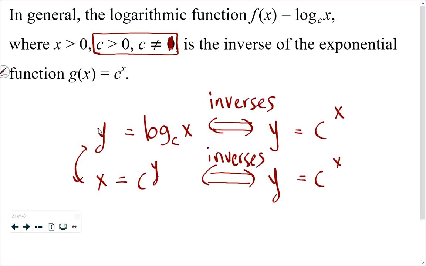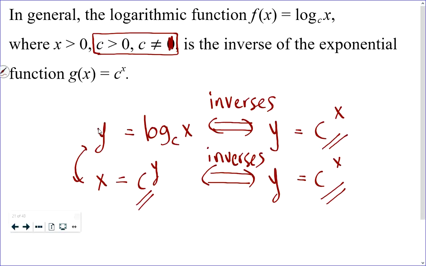Remember, I've given you that graphic where C is not equal to 0, not equal to 1, but it can be between 0 and 1, and it can be greater than 1. You know what I'm referring to, I hope. Well, since C is the base of the exponential function, then C is still a base of some type of an exponential function when you take the inverse to get the logarithmic. So C still has those properties.